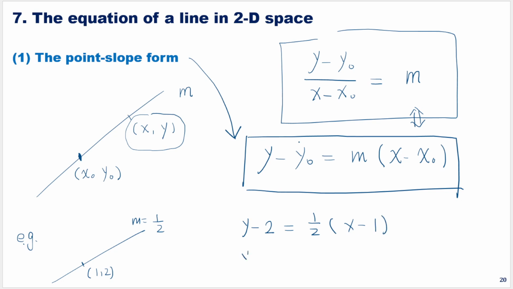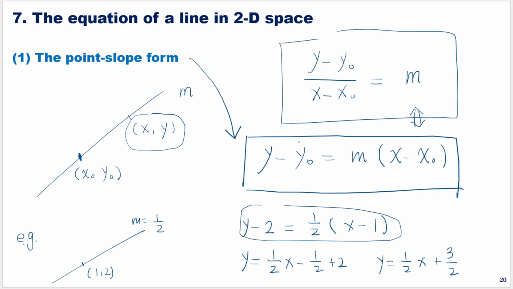And of course, you could also simplify this to y equals 1/2 of (x minus 1) plus 2, which is y equals 1/2 x plus 3/2, right? Of course, you could also keep it in this way. Did you get it?